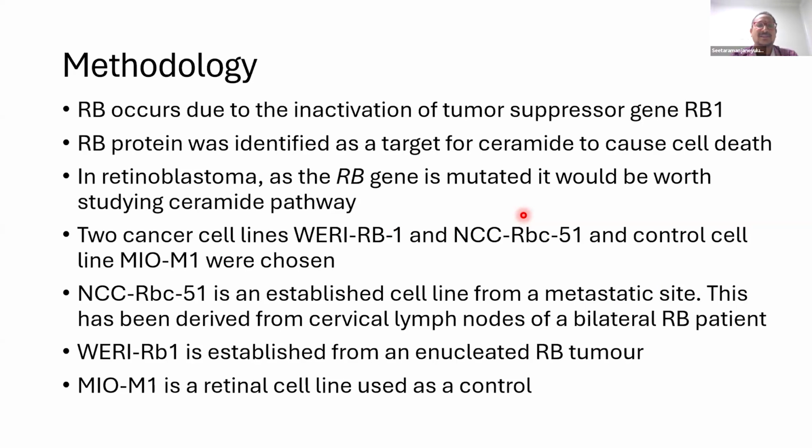So we have taken two cancer cell lines. One is WERI-Rb1 and another one is NCC-RbC51, and a control cell line MIO-M1. NCC-RbC51 is an established cell line from a metastatic cancer site, and WERI-Rb1 is established from an enucleated RB tumor, and MIO-M1 is a retinal cell line.